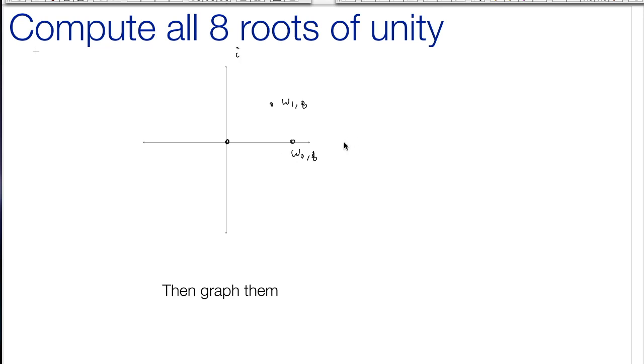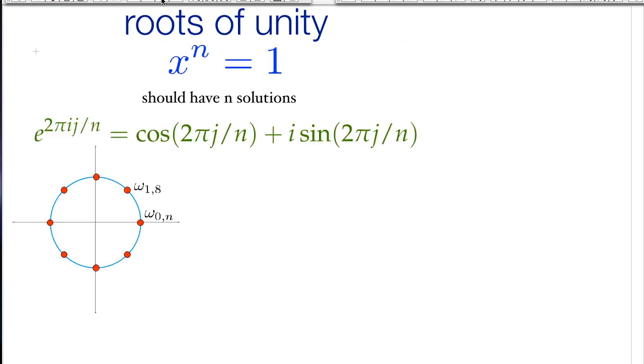This is the imaginary plane, by the way. This over here is i, right? This over here is what you know. This is going to be omega 2 of 8, 3, 4, 5, 6, 7. The roots of unity, you can picture them on a circle in the complex plane. And they divide the entire circle into an equal number of parts.